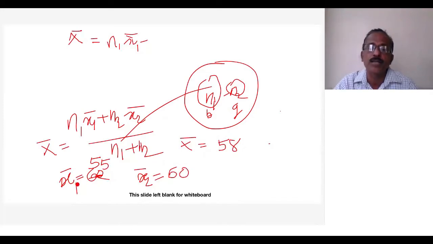So x1 bar is the arithmetic mean of boys and x2 bar is the arithmetic mean of girls. Both are given, and the total number of students is equal to 100.